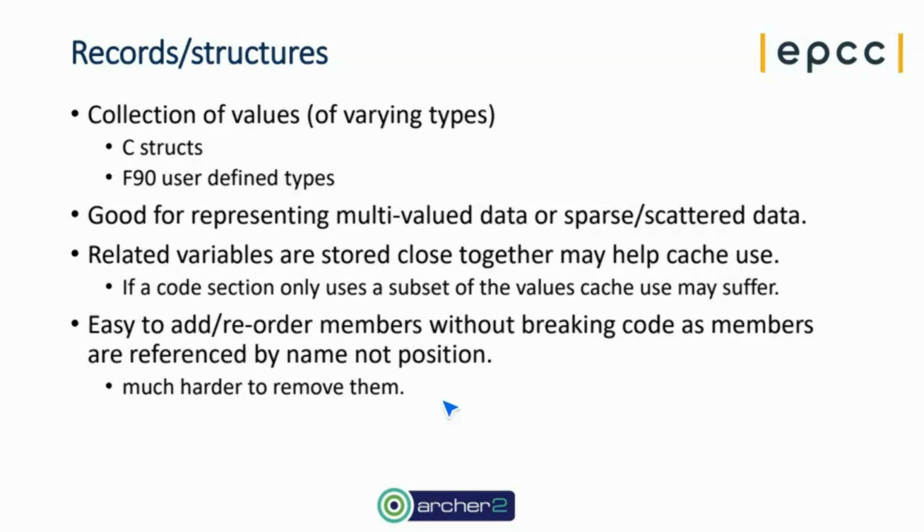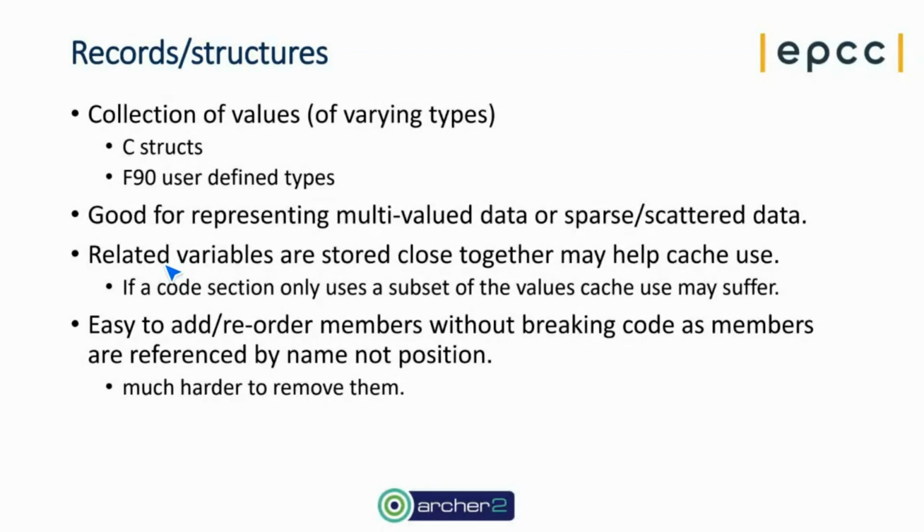Okay, what next? Record data structures, like C structs or Fortran 90 user-defined types. These are good for representing multi-valued data or sparse data. We can also use them for good performance reasons, because if we have related variables that are going to be used together, then they can be stored together.